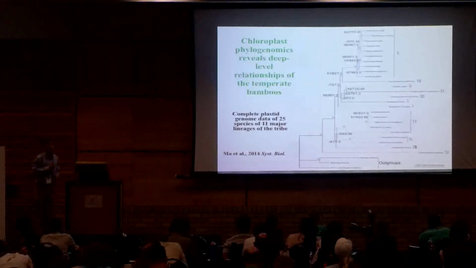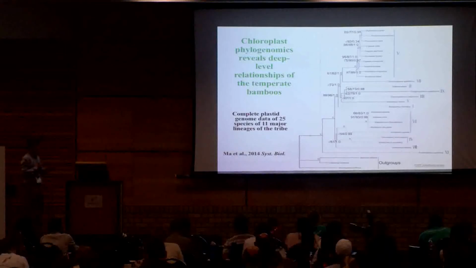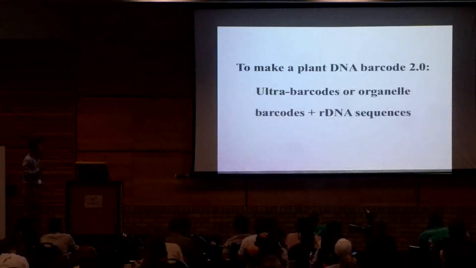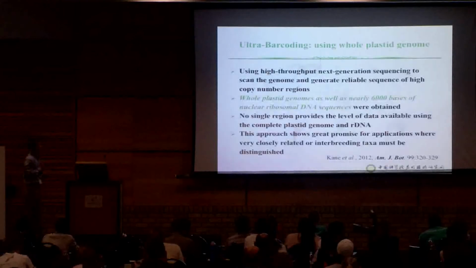So this is something, maybe a radiation across this area, and we later dated it to be something like 7 to 8 million years ago. And actually, by looking at the chloroplast genome, we are thinking about DNA Barcoding 2.0.